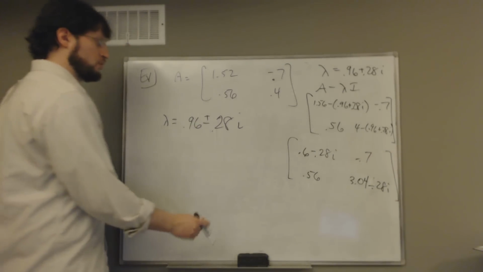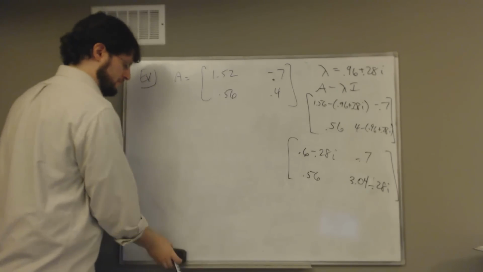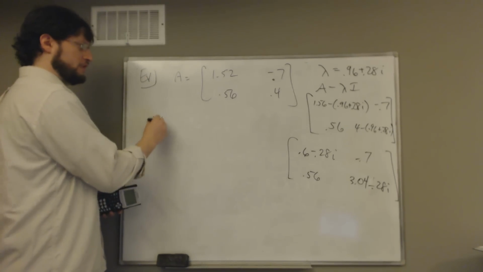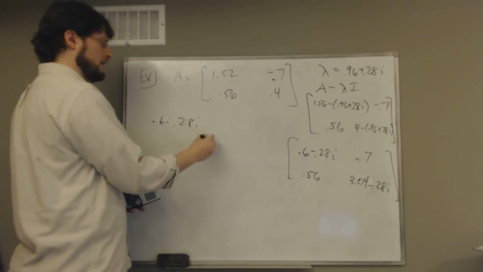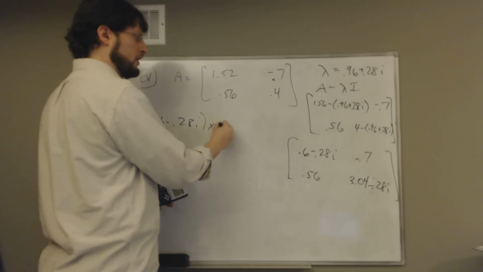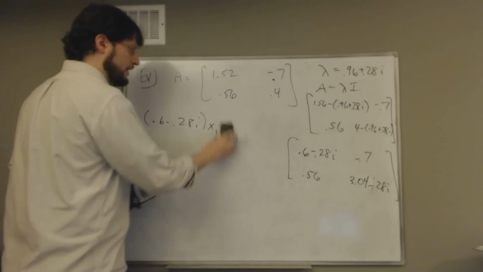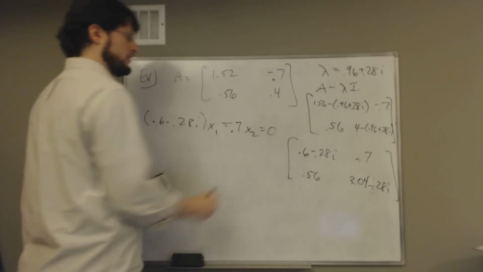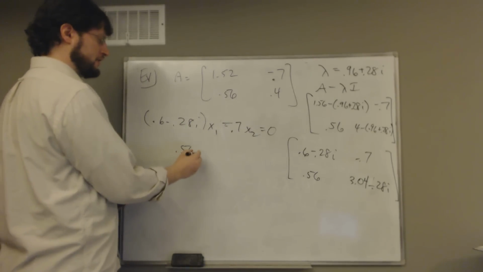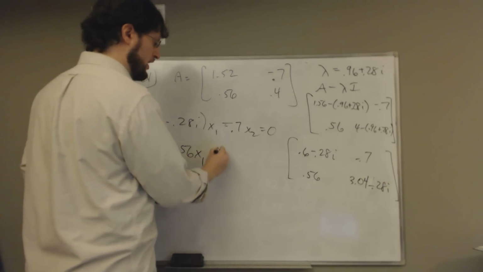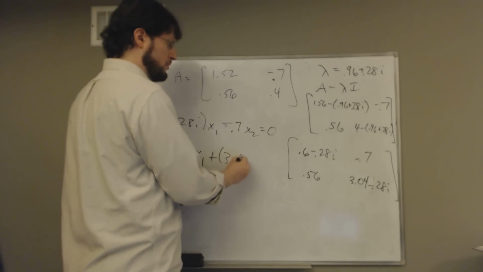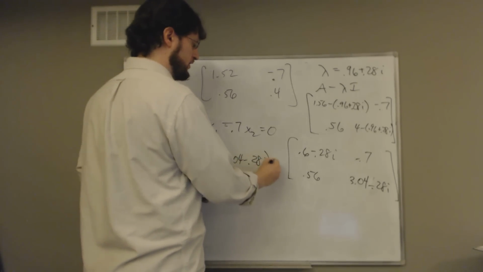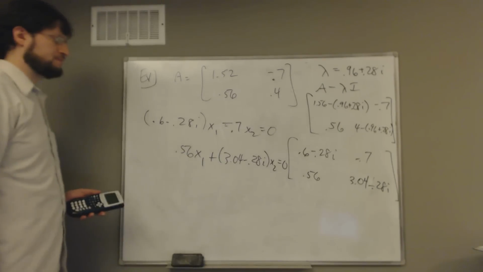And so this system of equations reads: 0.6 minus 0.28i times x1, minus 0.7 x2 is 0, and 0.56 x1 plus 3.04 minus 0.28i times x2 is 0.